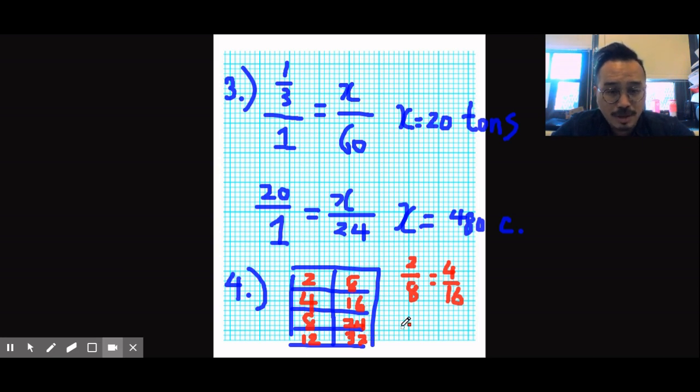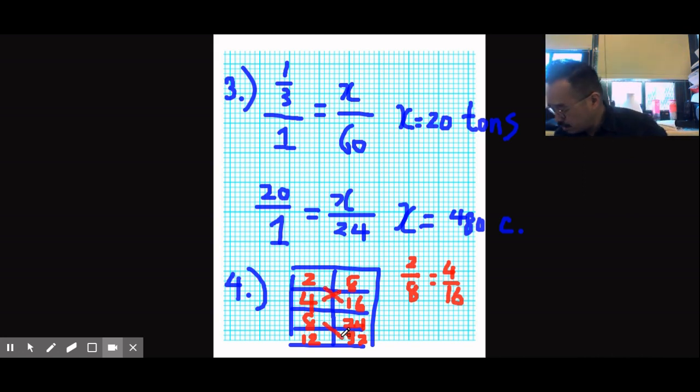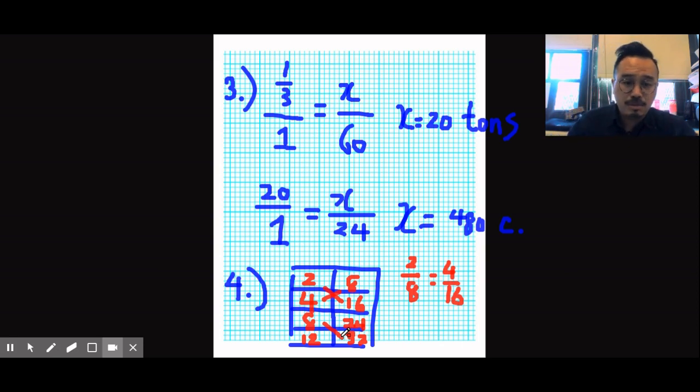But if you go down here, I would even go 2 times 16 and 4 times 8 and check it like that. Then I'm going to do 8 times 32. To save a little bit of time, I'll use a calculator. 8 times 32 is 256. 12 times 24 is 288. So right here, this doesn't check out. So D is our answer.